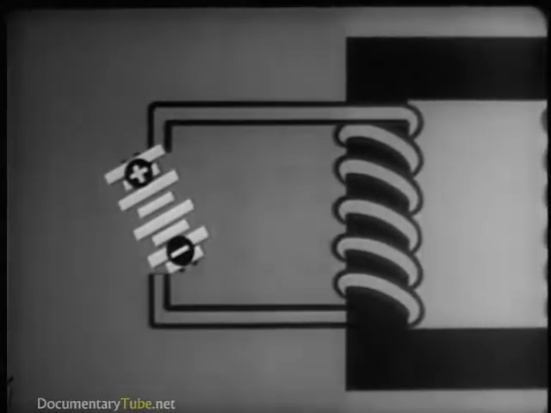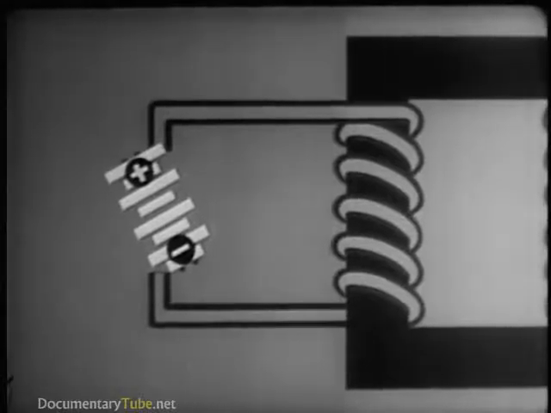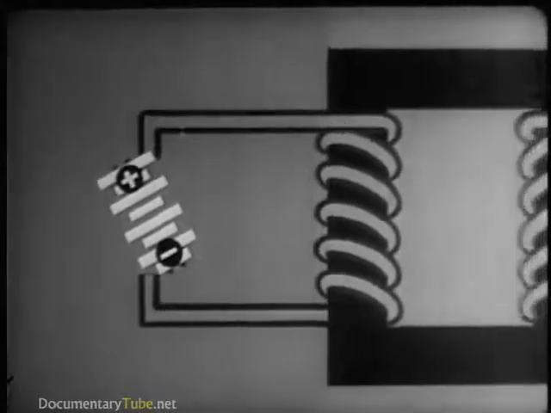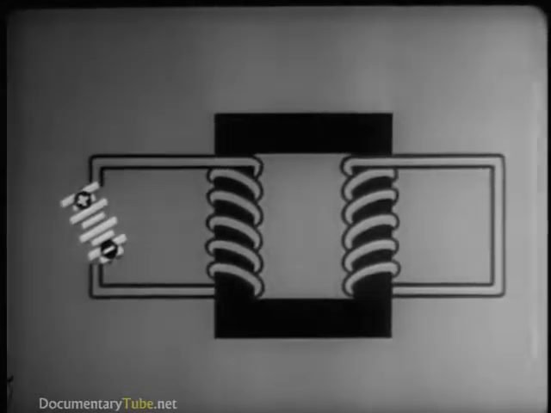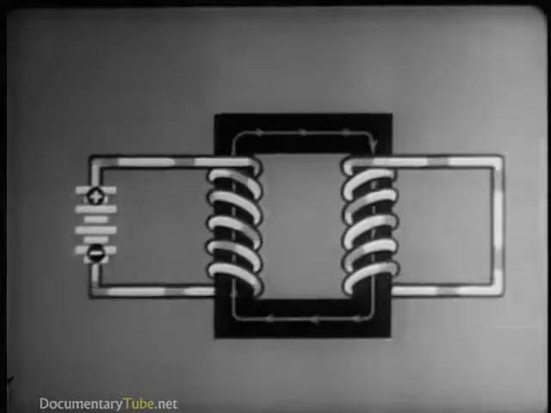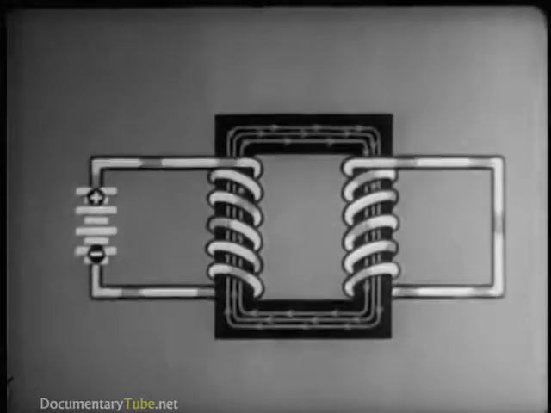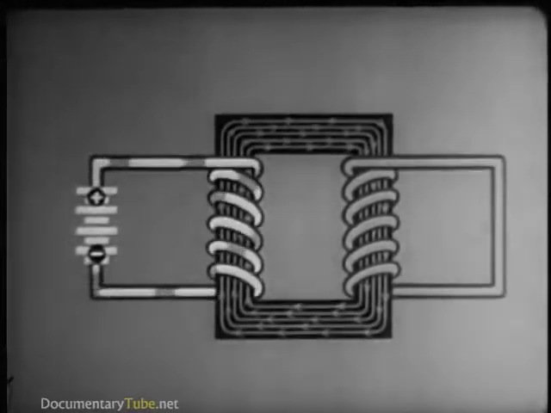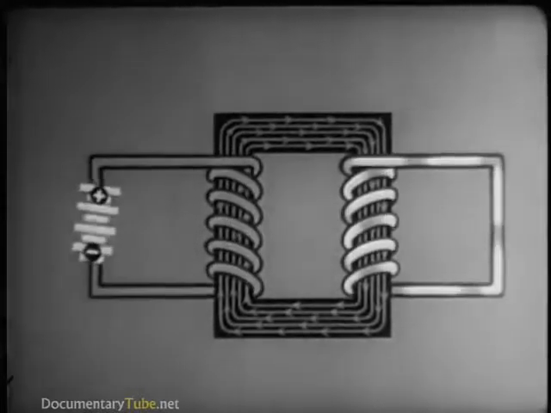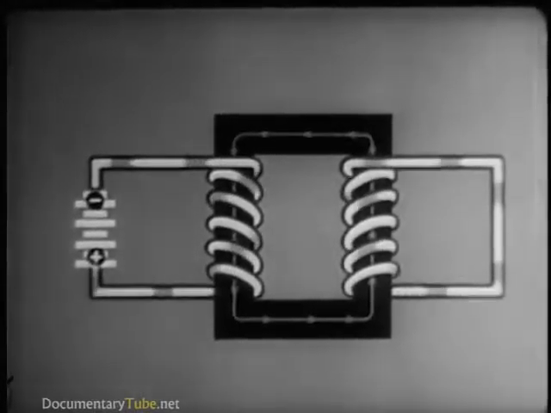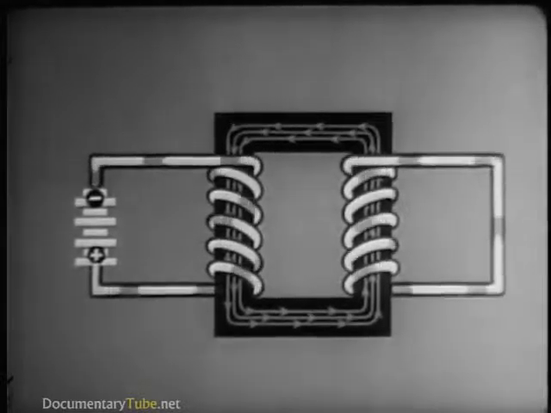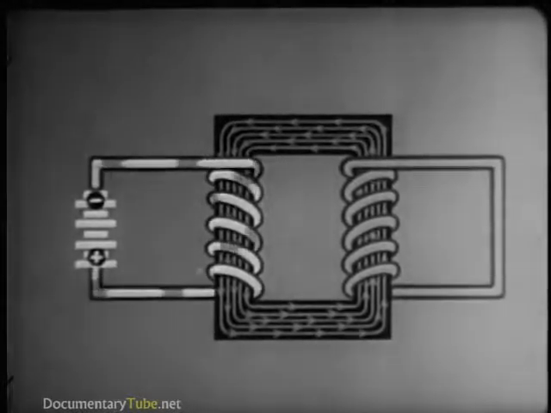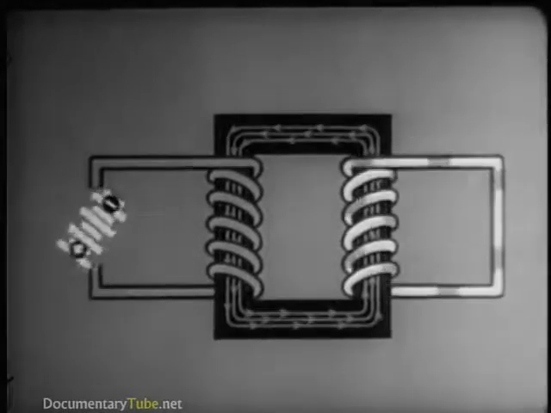Now let's consider alternating current. We'll first give you an idea of how it works by sending direct current through the coil, first in one direction, then in the other. Notice that the induced current in the second winding reverses each time the supply current is reversed.